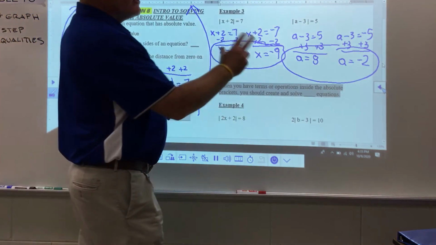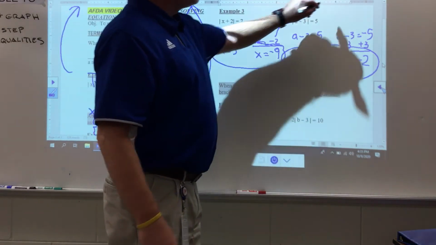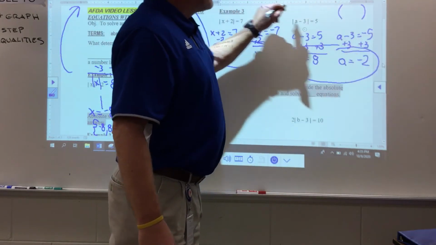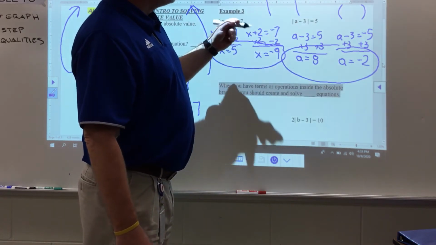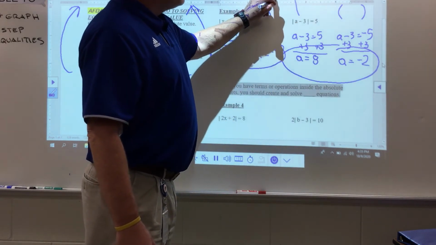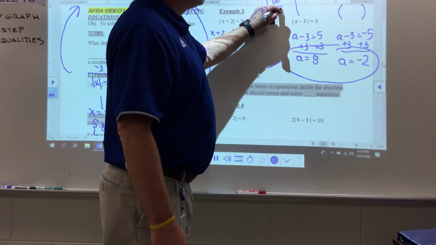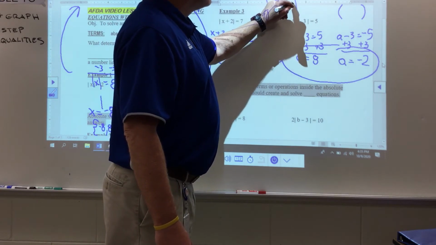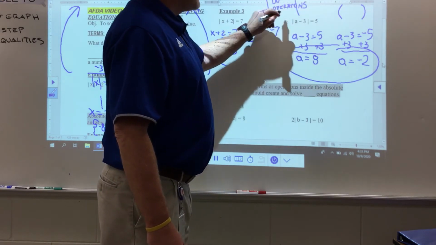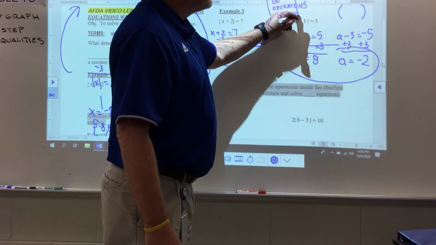Now, make sure that you treat these absolute value brackets like parentheses. In other words, do the operations in here first, before you take the absolute value.